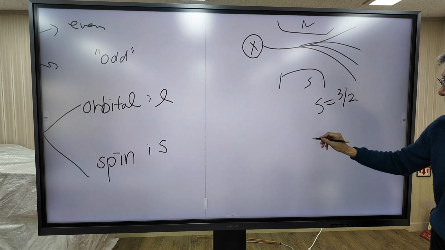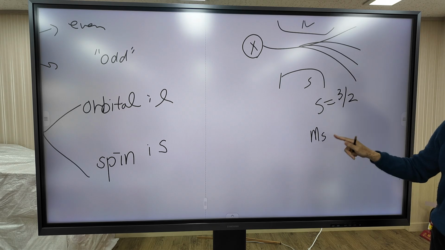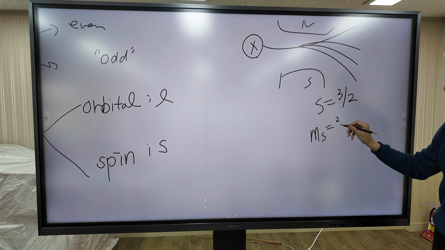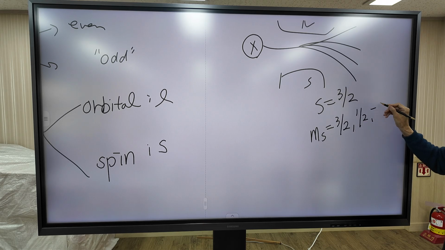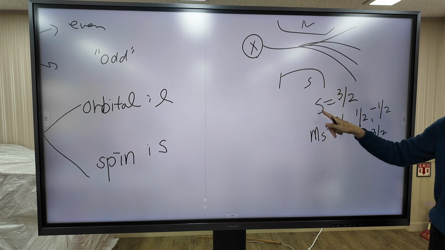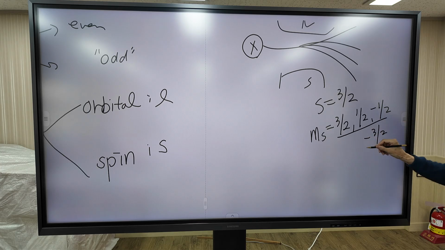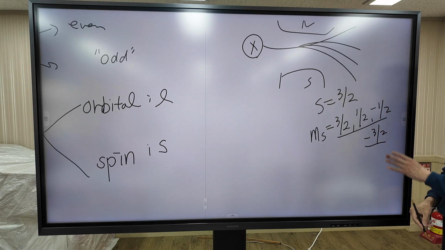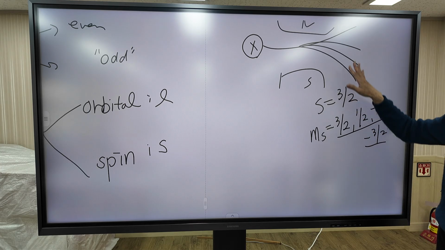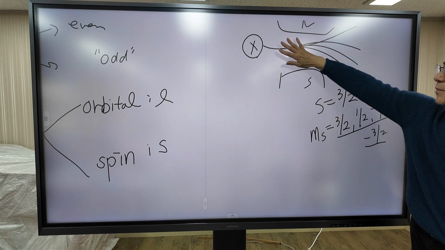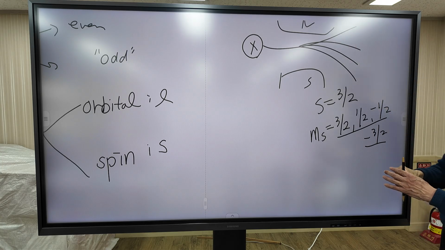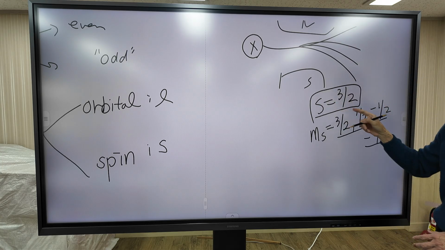Given s, what are the possible values of ms? ms starts with 3/2, then 1/2, then minus 1/2, then minus 3/2. So when s equals 3/2, we obtain 4 possible states. So when the beam is split into 4 paths, it means that the spin quantum number is 3/2.